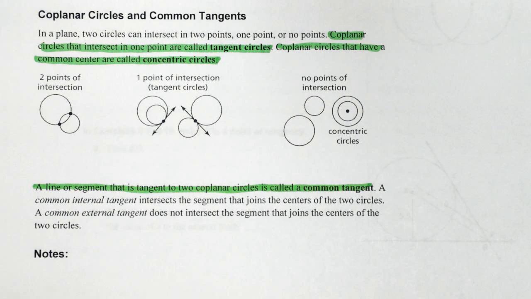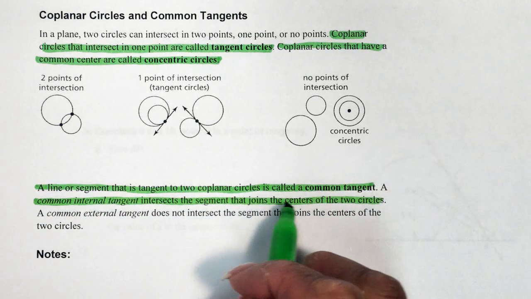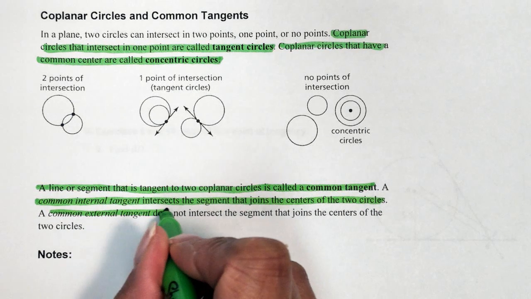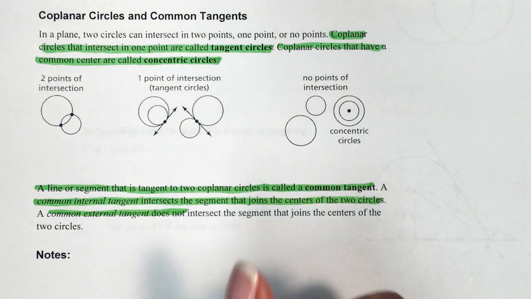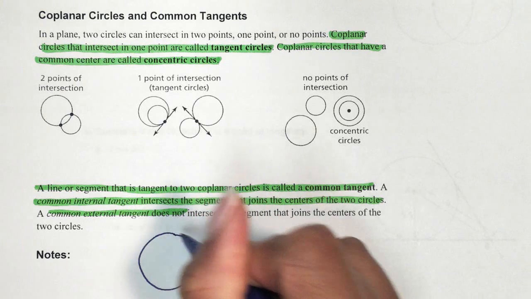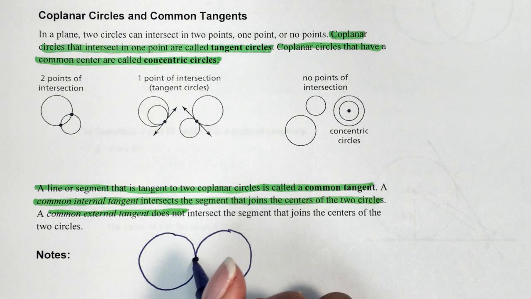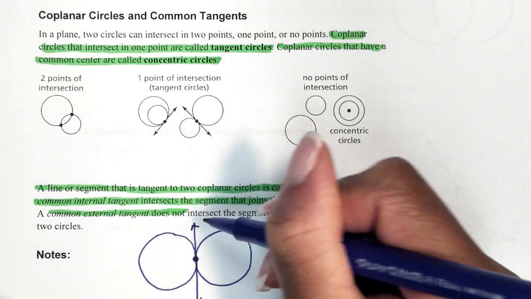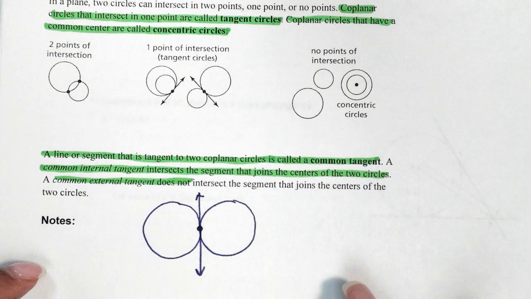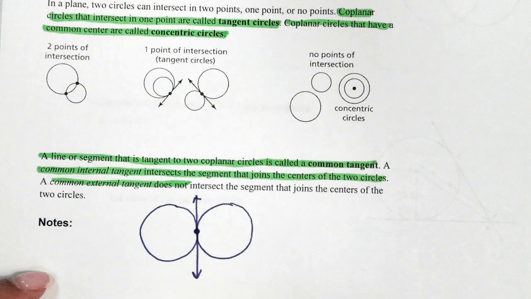A common tangent can be one of two things. It can be internal, which crosses between the two circles, or it can be external, which does not. One way to look at that is if I were to have two circles, and they touch here, that would be a point, and that would be a tangent line here, and this would be internal because it's on the inside of its circle.